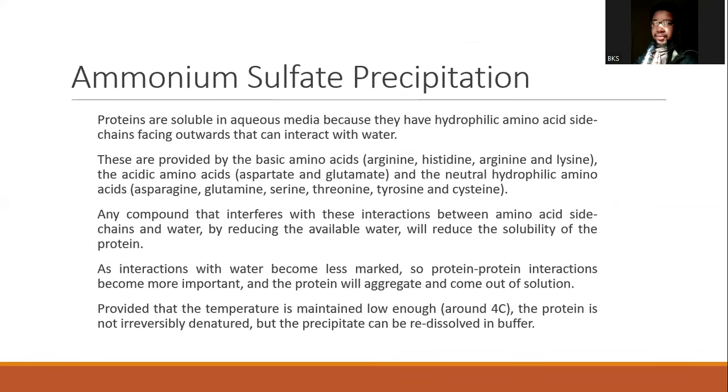Water forms these ions, which are hydroxyl ion and hydronium ion. So if you have a molecule that can form a partial interaction with this hydroxyl and hydronium ion in water, that molecule can potentially dissolve in water.